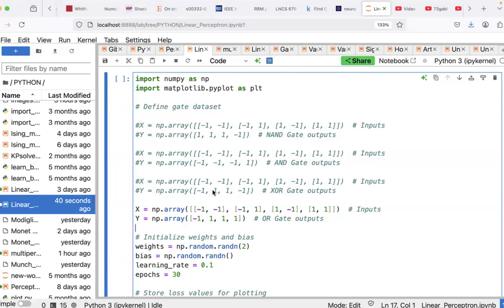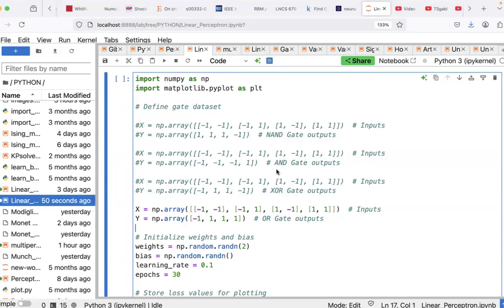Here I also wrote the data for the other Boolean gates: the AND gate, the negation of AND, the NAND gate, and the XOR gate. The XOR gate is similar to the OR gate, but either of them can win, but we can only have one winner, we cannot have two winners.